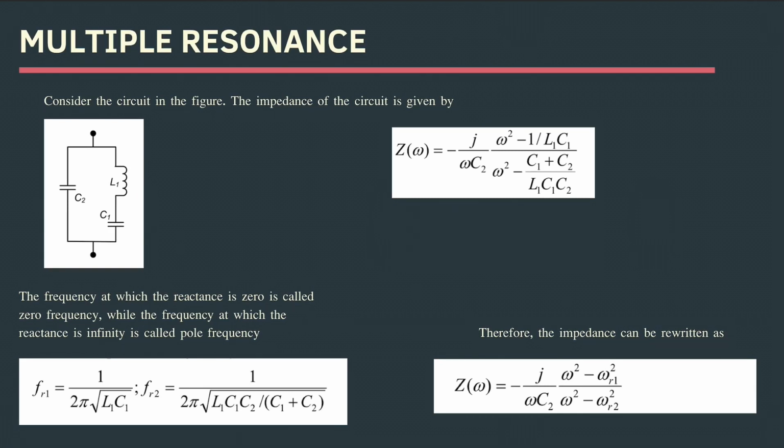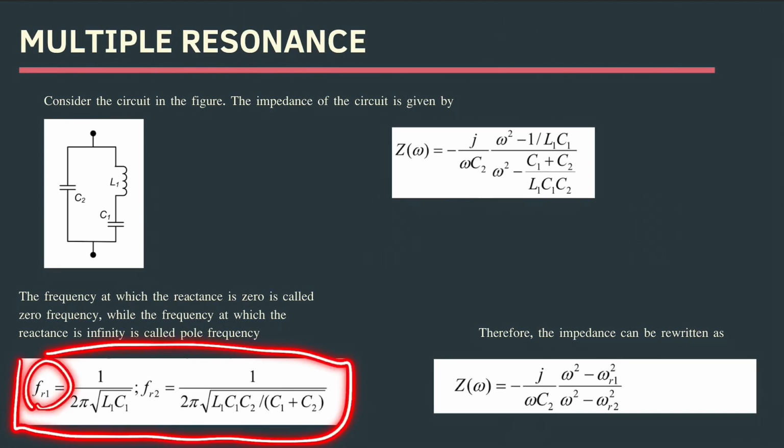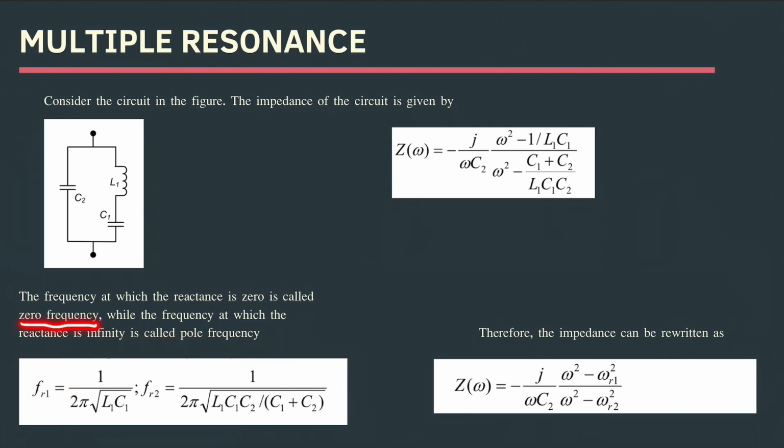The impedance of the circuit is given by this, and the frequency at which the reactance is zero is called the zero frequency, and the frequency at which the reactance is infinity is called the pole frequency, and we will get this equation. FR1 we will call the zero frequency, and FR2 we will call the pole frequency, and therefore the impedance can be rewritten as this equation.